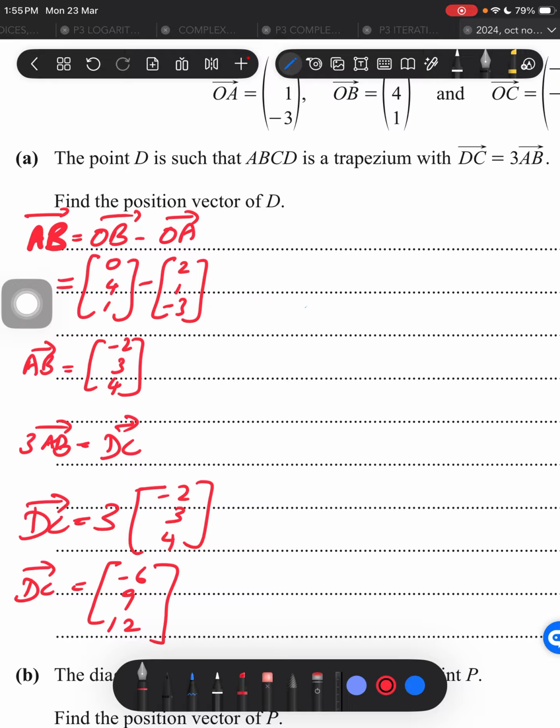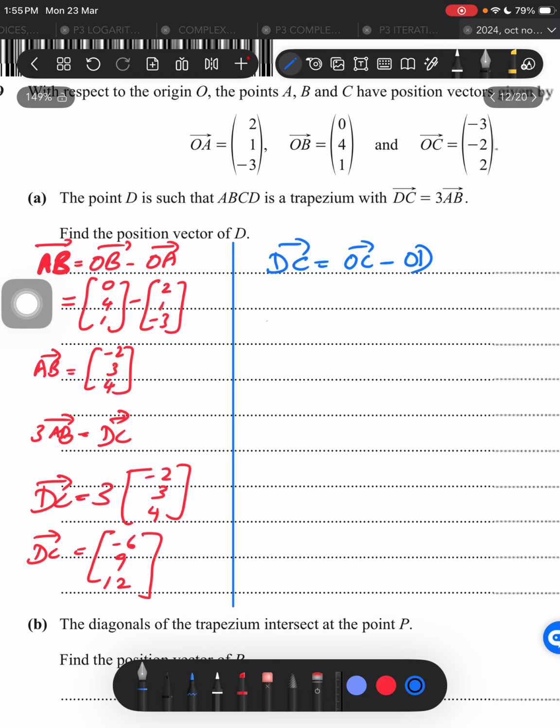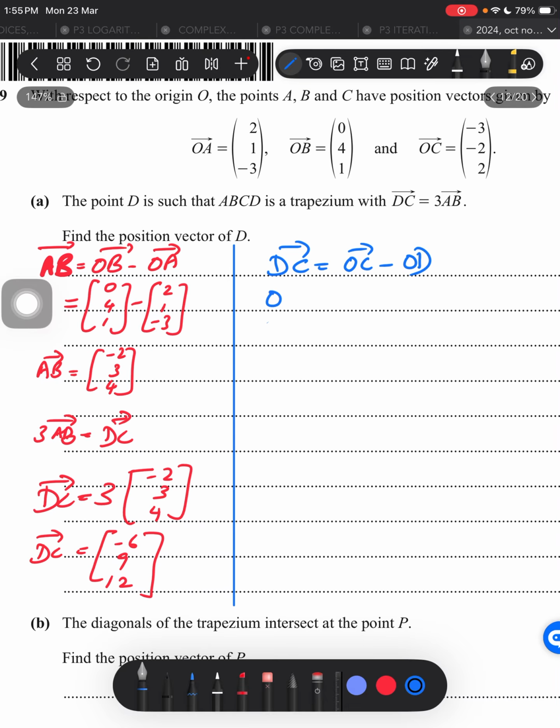Now the problem with this is that we don't need DC. We had to find point D. DC is equal to OC minus OD. So we need to find OD or D, so OC minus DC.